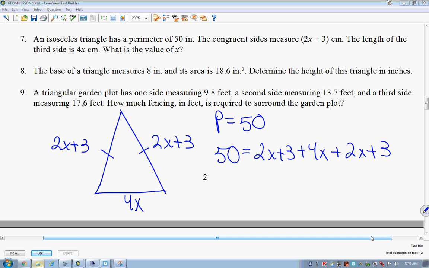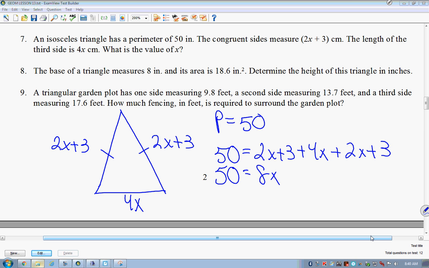What's the next thing I ought to do, Katie? Okay, so what are we saying when we're doing that? And you're doing the right thing, but what do we typically call it so we can shorten that phrase down? Is that combine like terms? So 2x plus 4x is 6x, 6x plus 2x is 8x.